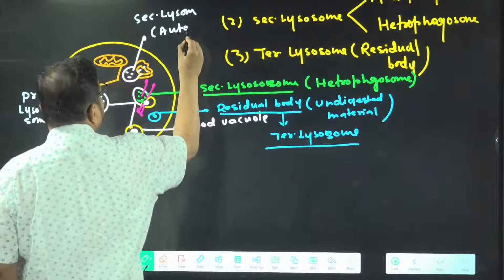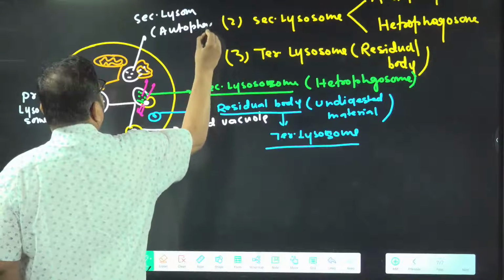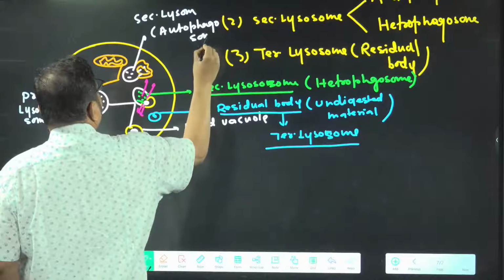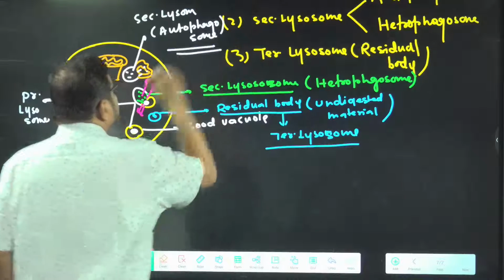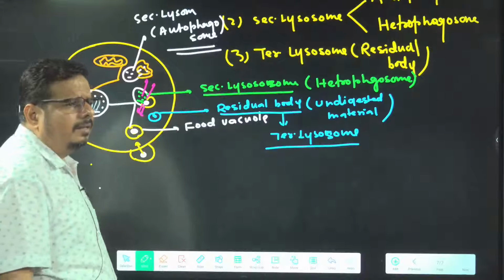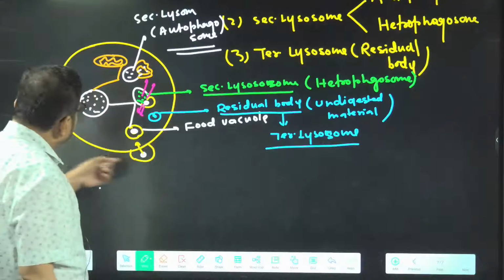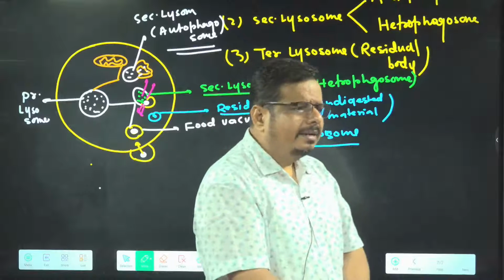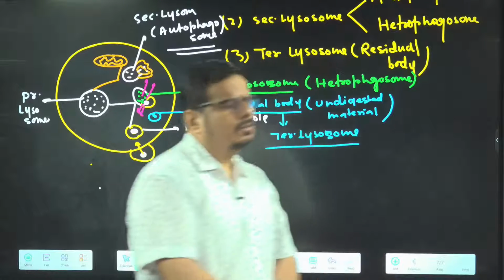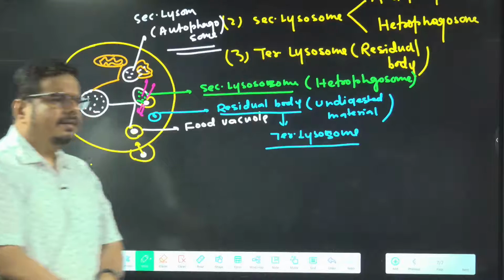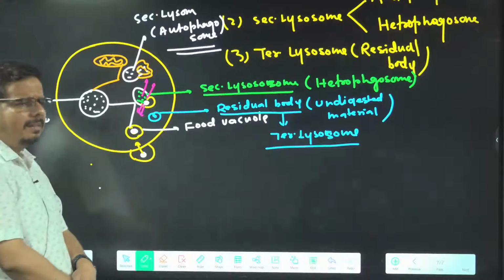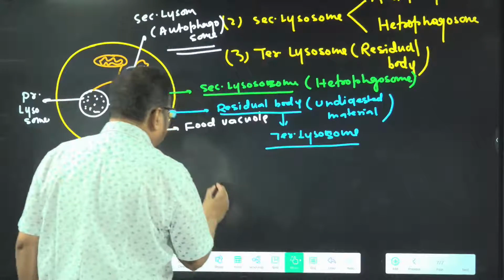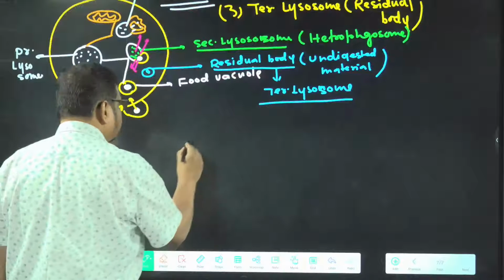Auto means self. Phagosome. Are you getting the idea? Is it clear in the mind? So this is the lysosome in different forms in different physiological states. Autolysosome. Getting the things. Now, what is the function of the lysosome?